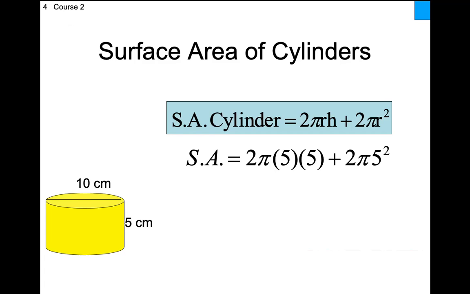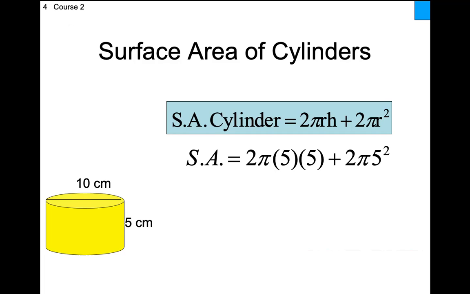So you would do 2 times 5 times 5 times 5. Well, how about we do 2 times 5 times 5 first? 2 times 5 is 10, times 5, 50. So I get 50 pi here. And on this side, I have to do 5 squared first, 25, times 2. 25 times 2.